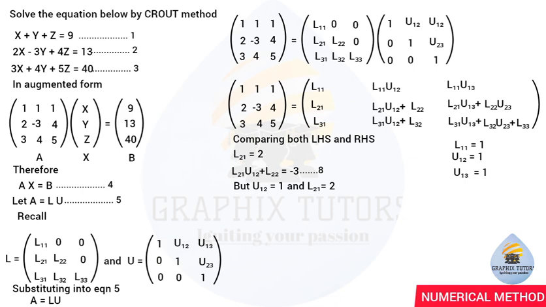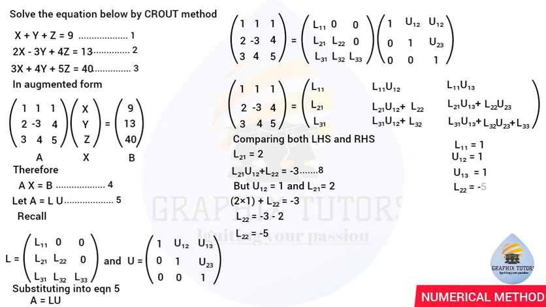So if you put it into that equation, you're going to have 2 times 1 plus L sub 22 equals minus 3. So my L sub 22 will now be equal to minus 3 minus 2, because when 2 goes to the other side, it becomes what? Negative. So my L sub 22 equals what? Minus 5. Is that taken?